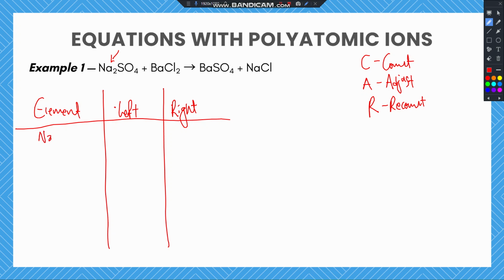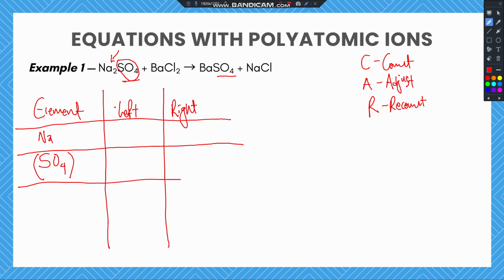Now, you can see SO4 over here. SO4, that is the sulfate ion. Let me put that in a bracket so you see clearly. On the left hand side we have it, and on the right hand side we have it. So I will not begin to say sulfur separately and oxygen separately. No. I will deal with them as a group since they are together. That's the essence of having polyatomic ions in chemical equations.